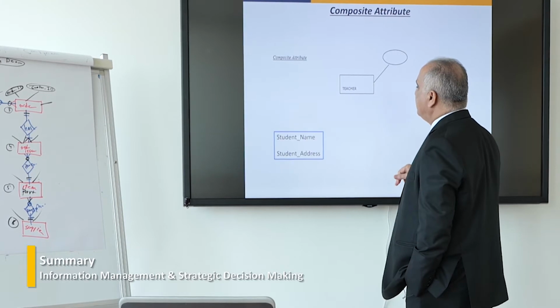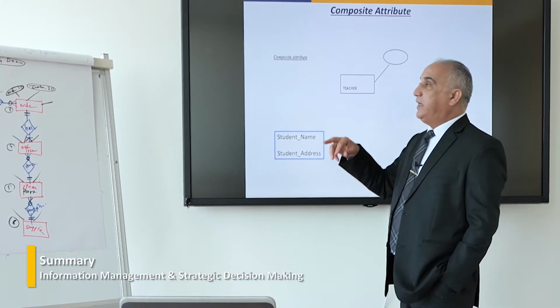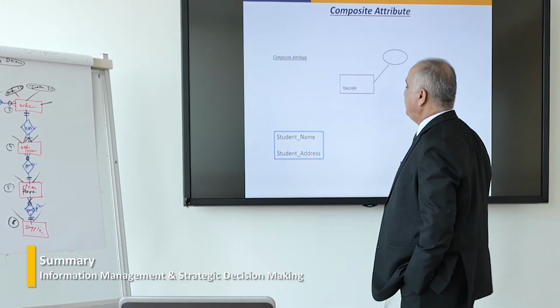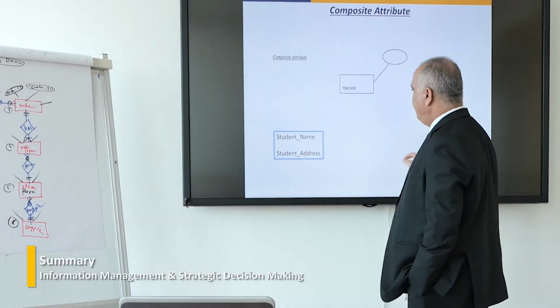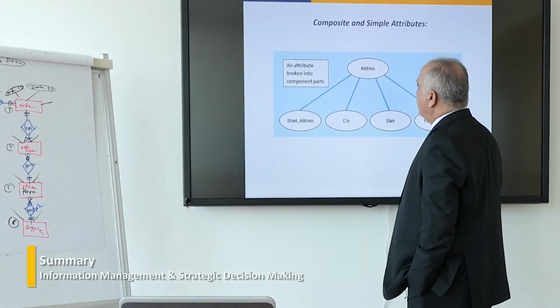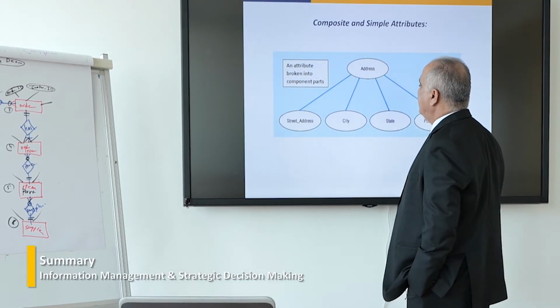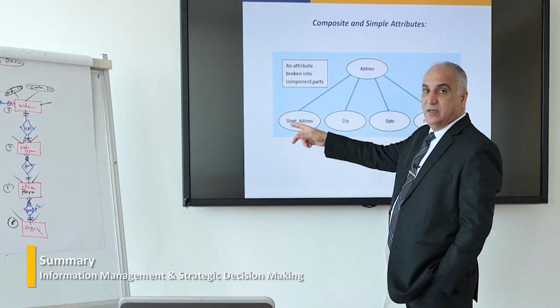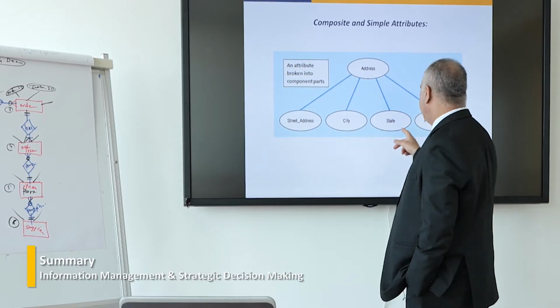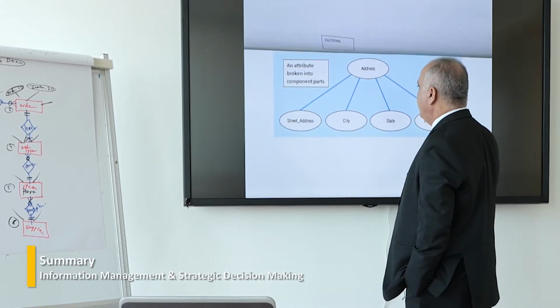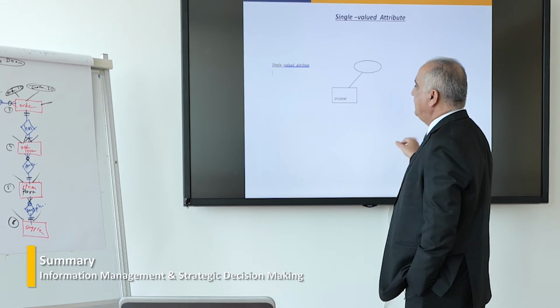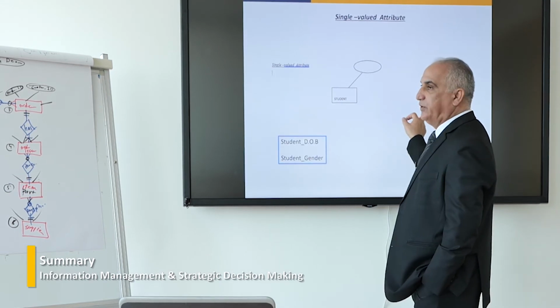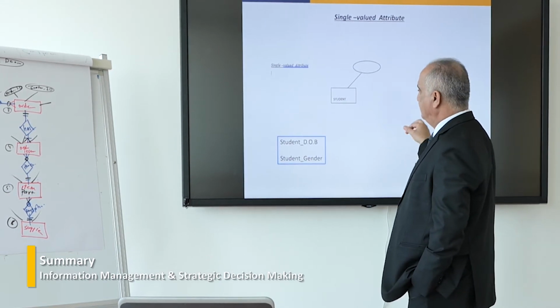Composite is basically an attribute that can be broken down into multiple parts. Address, name. We discussed as examples of composite. Address breaking down by your street, city, state, zip code, could be flat number. Single is example date of birth, gender, that's a single.